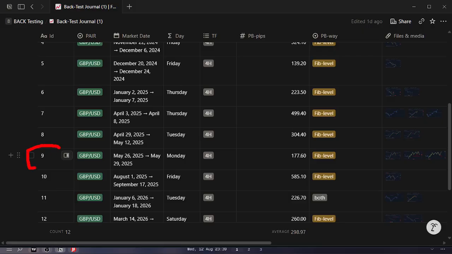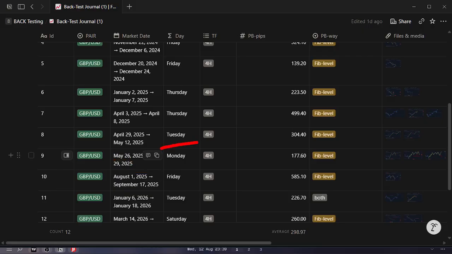If you can see, number 9 pair GBP/USD, date, and the data was collected from May 26 to 29.